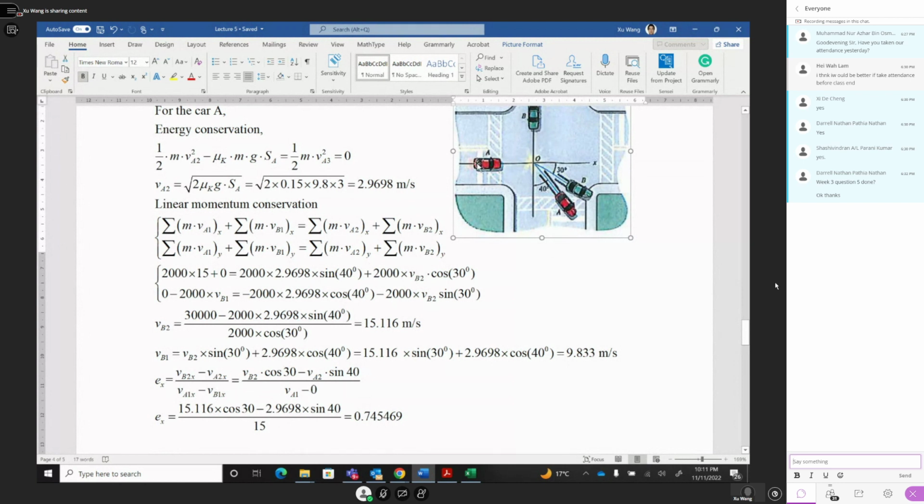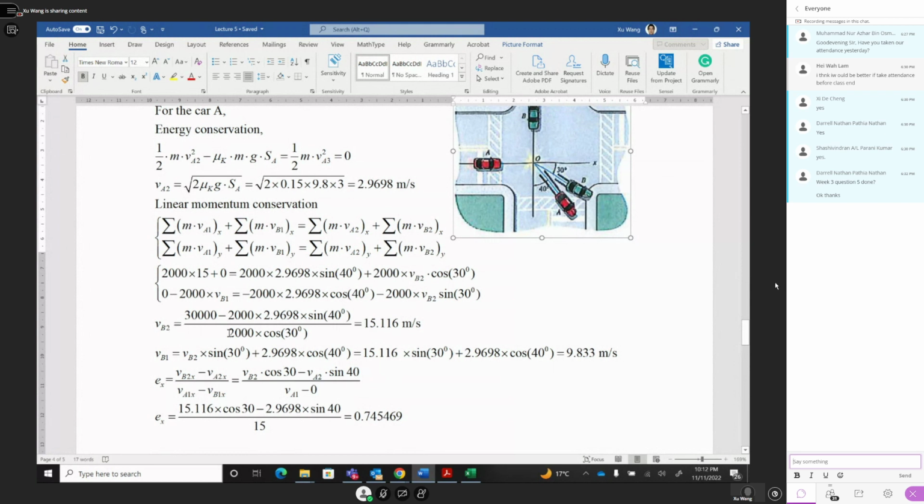We only have the horizontal component of car A, which is this speed VA1, and VB2x after impact, which we already solved here.